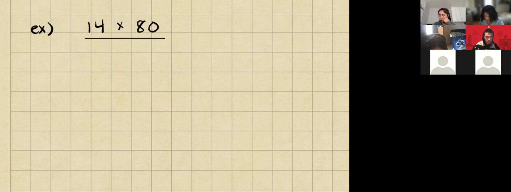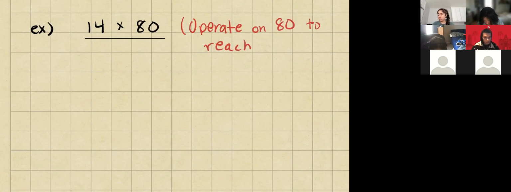And here's what we're going to keep in mind. You are going to operate on 80 to reach 14. So you operate on the second value to reach the first one.